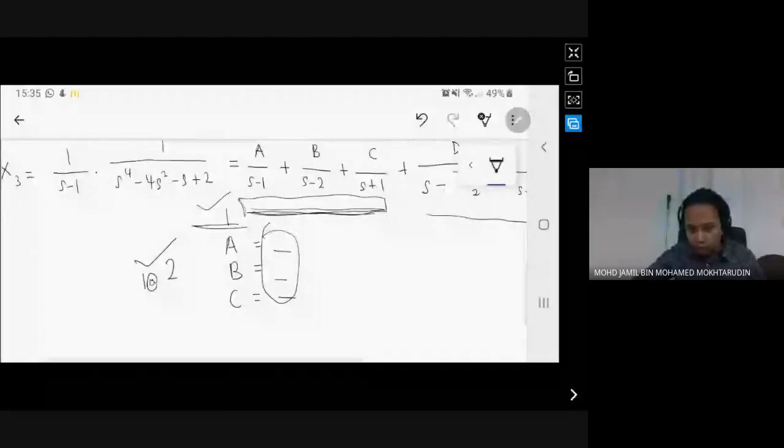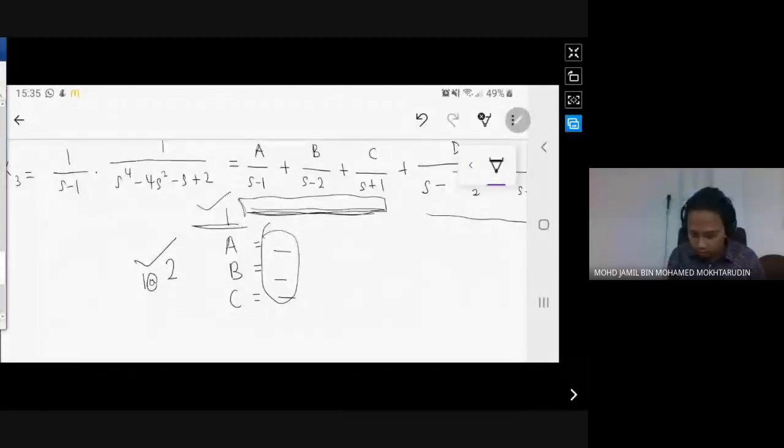So here A, B, C is, B is 1 over 15, A is minus half, and C is minus 1 over 6. Okay, actually I didn't look at the values.